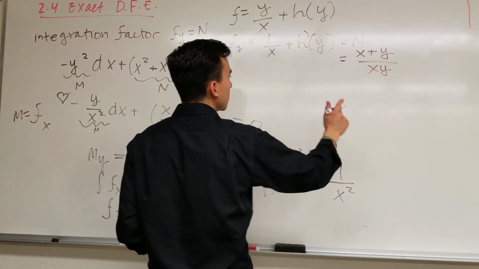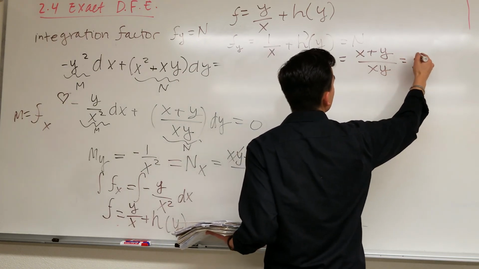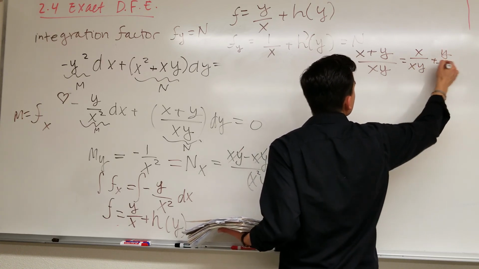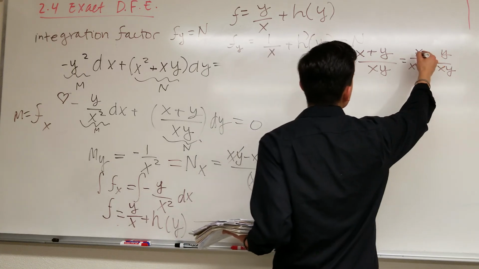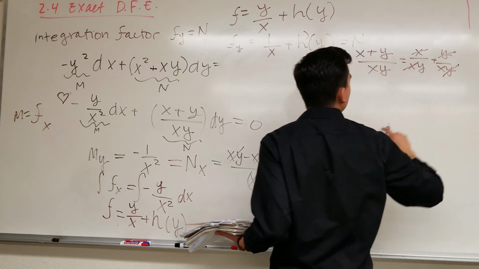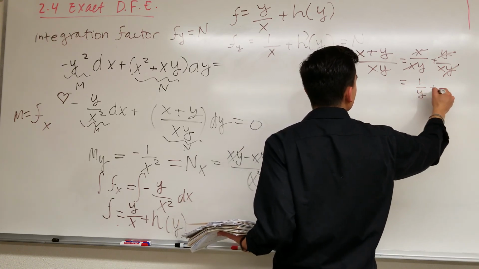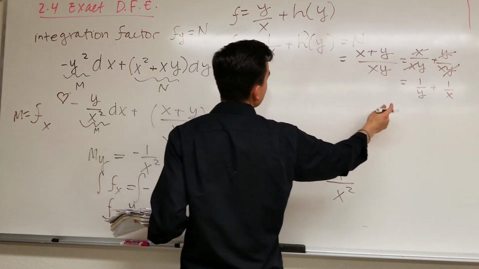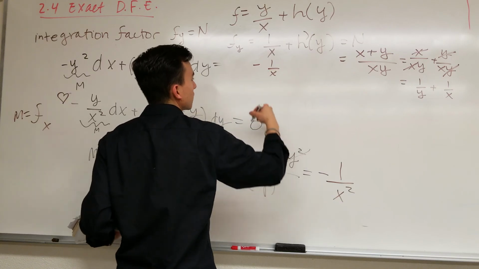And now it would be a good idea to split this up because now I can cancel these x's and those y's, and I'm left with 1 over y plus 1 over x. And you'll see why I did that, because now I can subtract my 1 over x here from both sides.